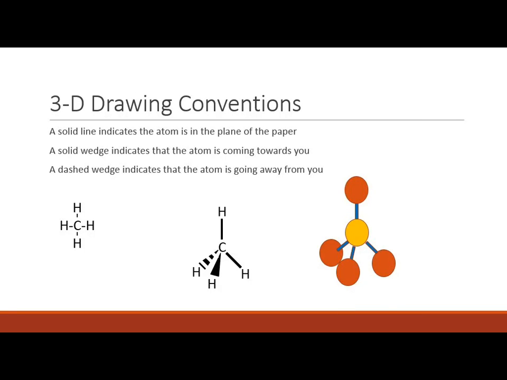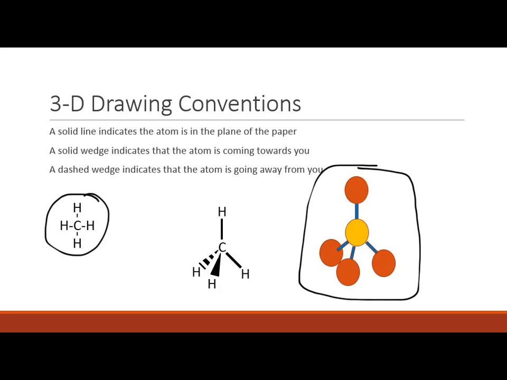Now, because it's hard for us to visualize this 3D tetrahedral molecule in 2 dimensions, you'll see it drawn different ways. Sometimes, when we're being lazy, we might just draw it like this, where it's just a flat molecule. However, if we want to really show the 3-dimensional shape of this tetrahedron, you'll see something like this here in the center. If it's a solid line, that indicates that the atom is in the plane of the paper or the board here.